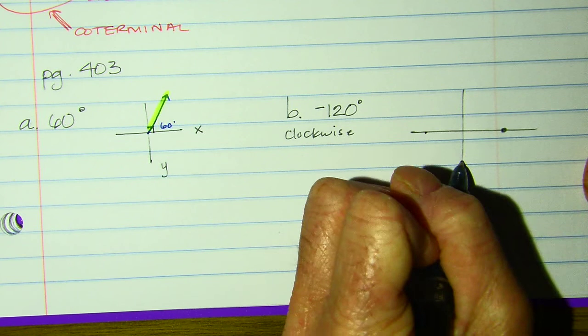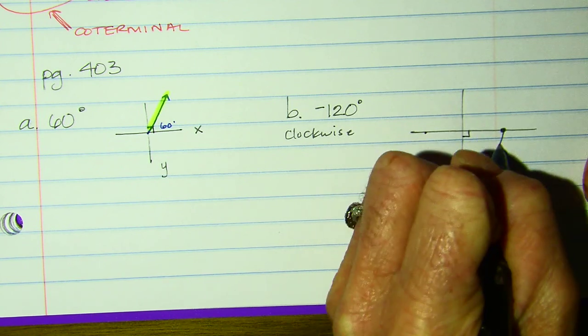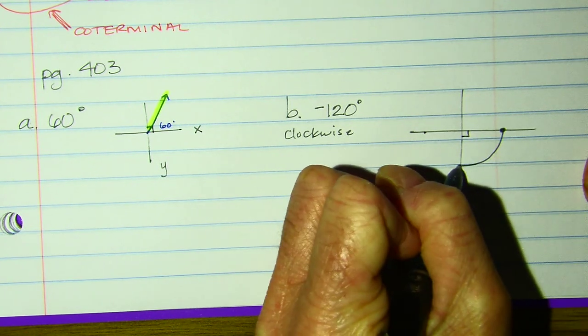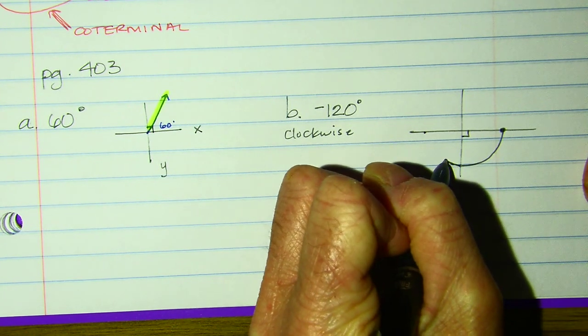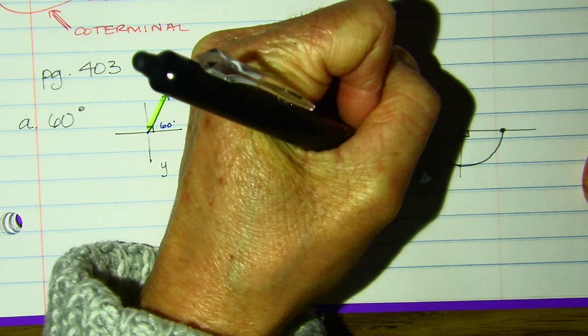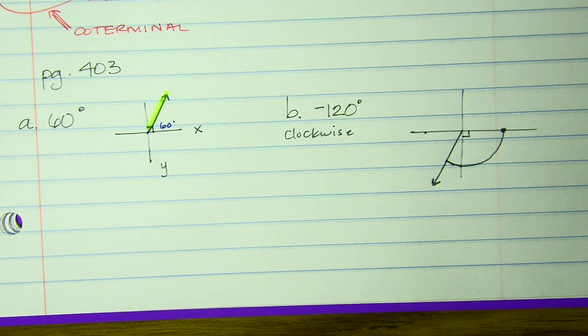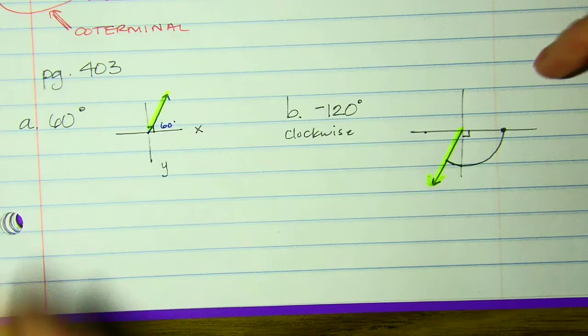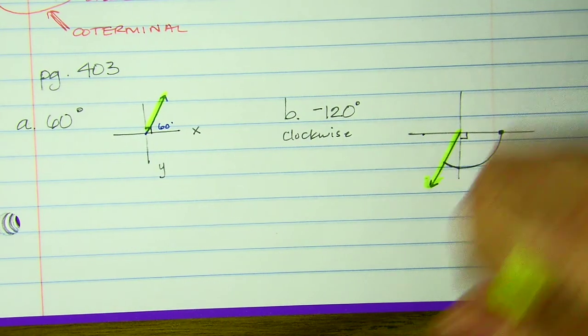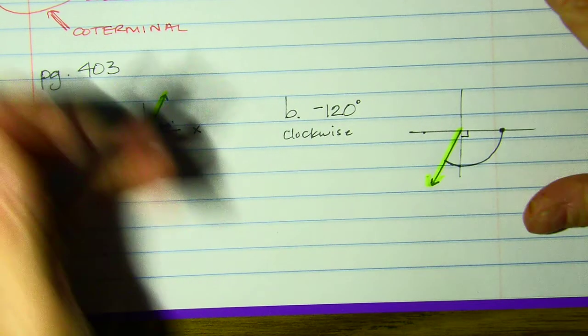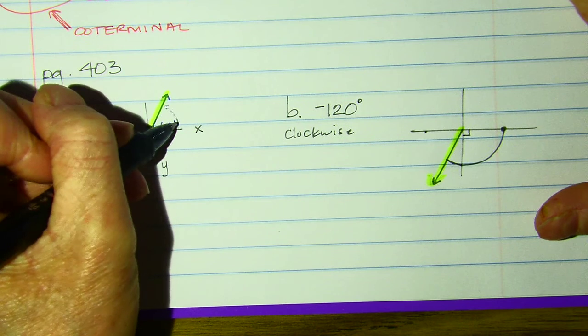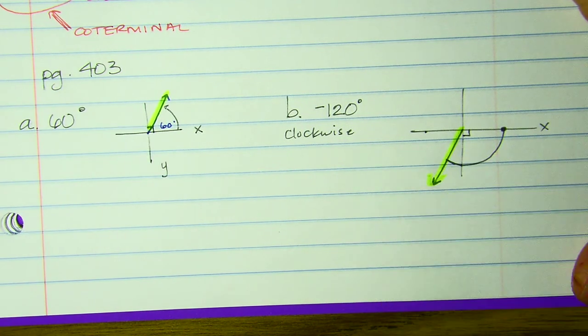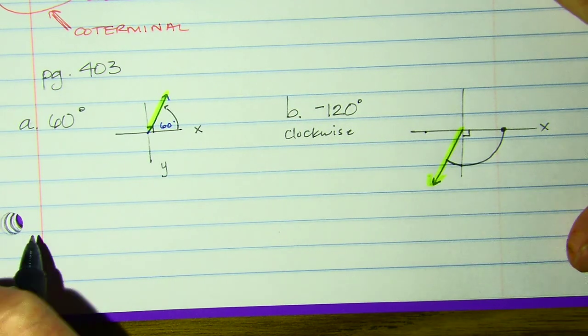But it's got to be more than 90. In fact, it's 30 degrees more. So I'm going to put it here. I'm estimating; you could use a protractor if you prefer. I went negative 90 going clockwise. This is 60 degrees going counterclockwise. Pretty simple.